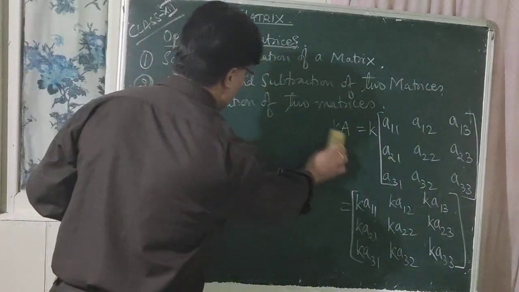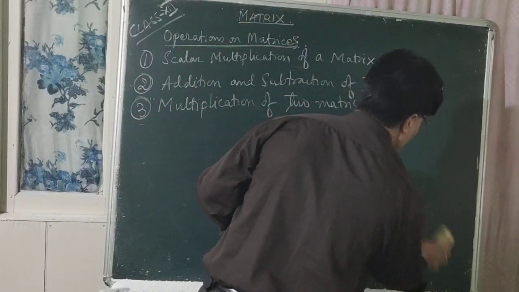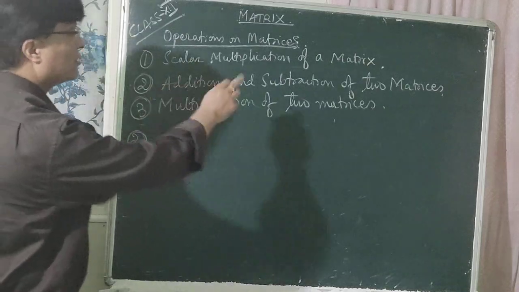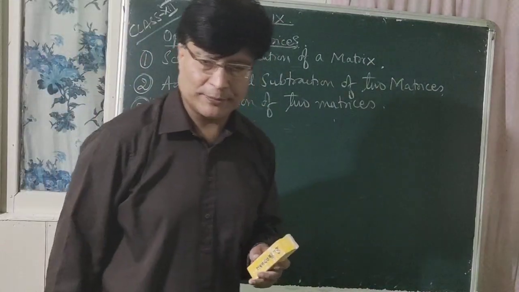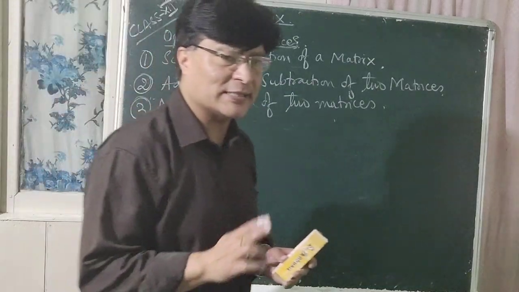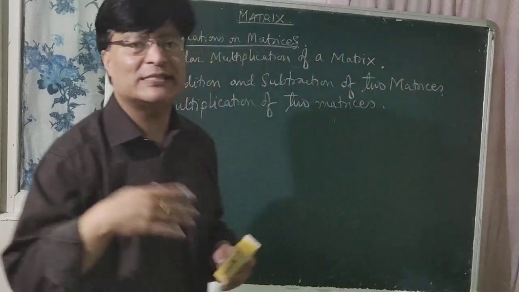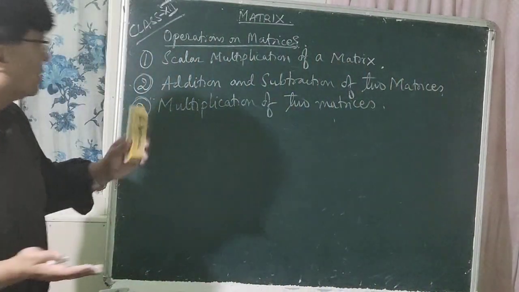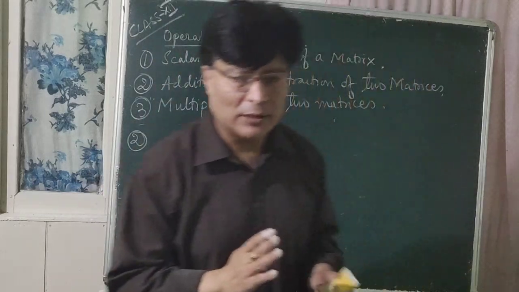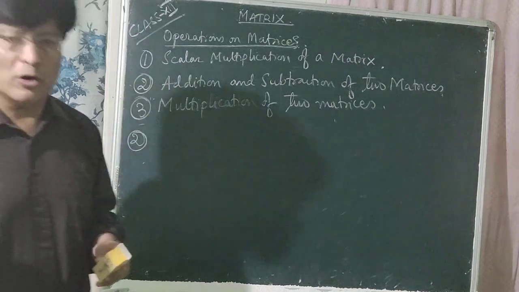So let's do number two now. Number two is addition and subtraction of two matrices. The addition and subtraction of two matrices is possible if both these two matrices have got the same order.